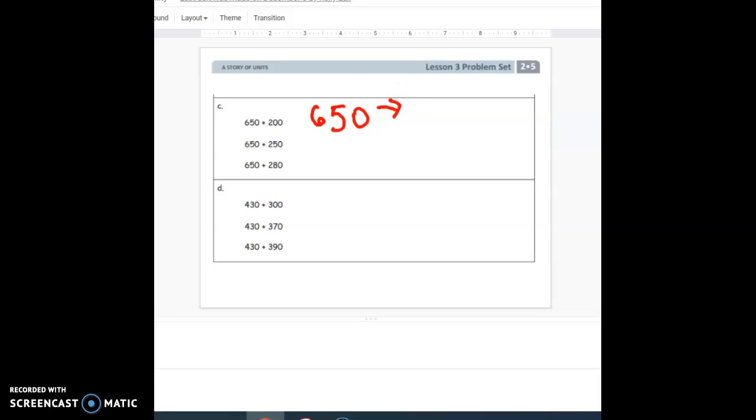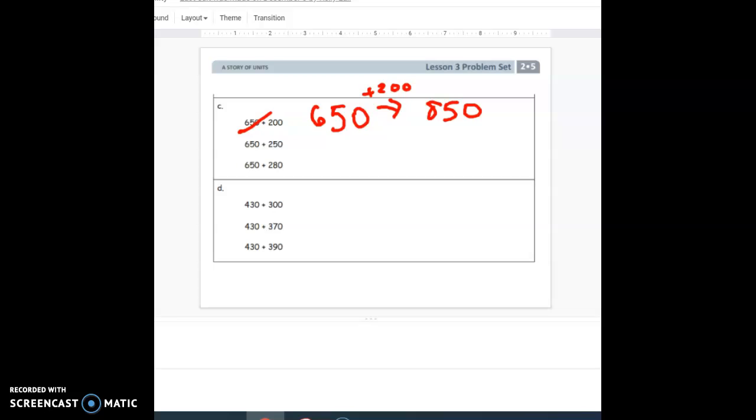Now I'm going to say plus 200. That makes it really easy to work with. 650 plus 200 is 850. Okay? We just solved this first one right here.